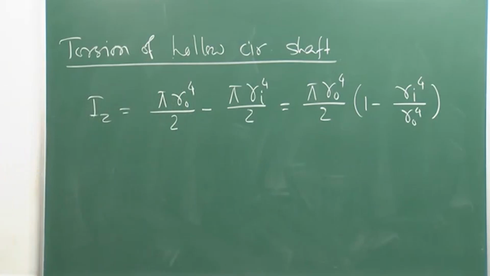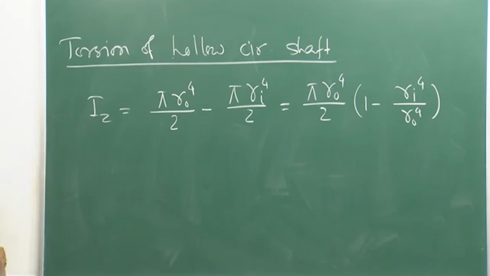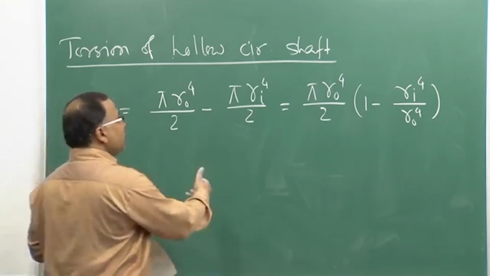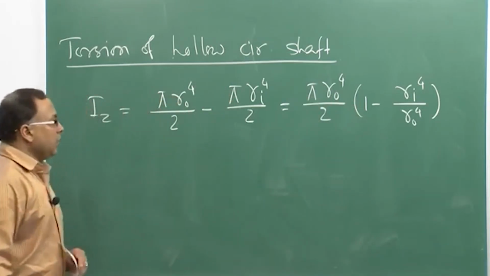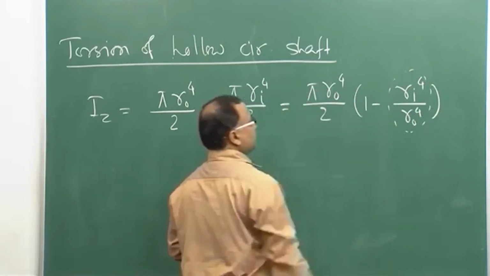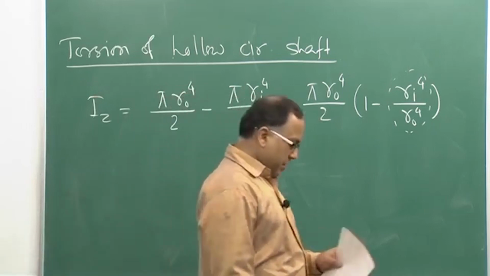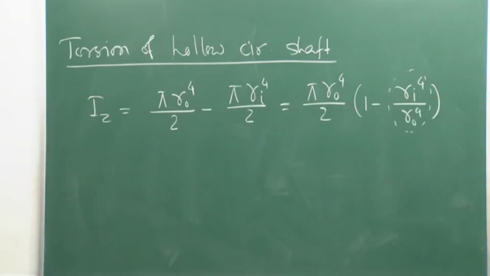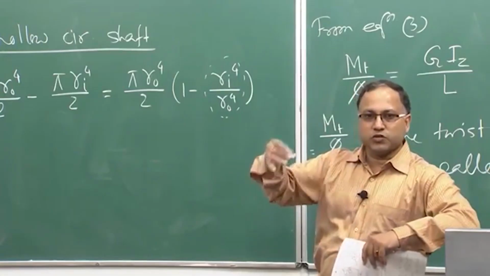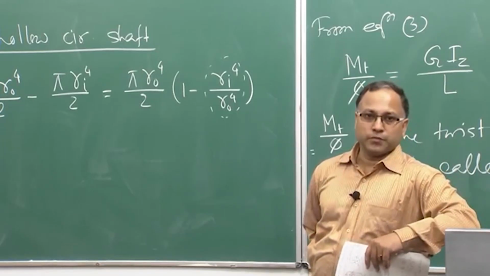Now, what are you getting from this? Your polar moment of inertia for a hollow circular shaft is given by this expression. If you look at this term, it gives the fourth power of the Ri by Ro ratio.